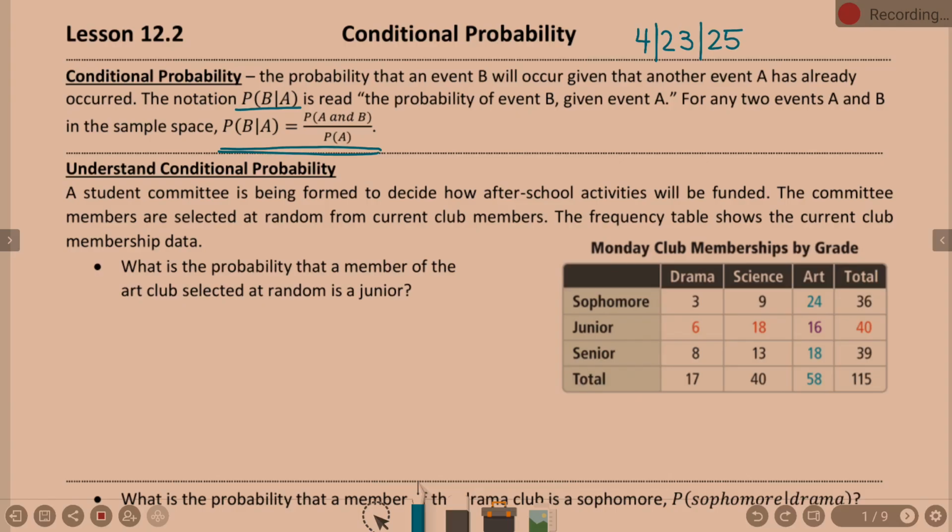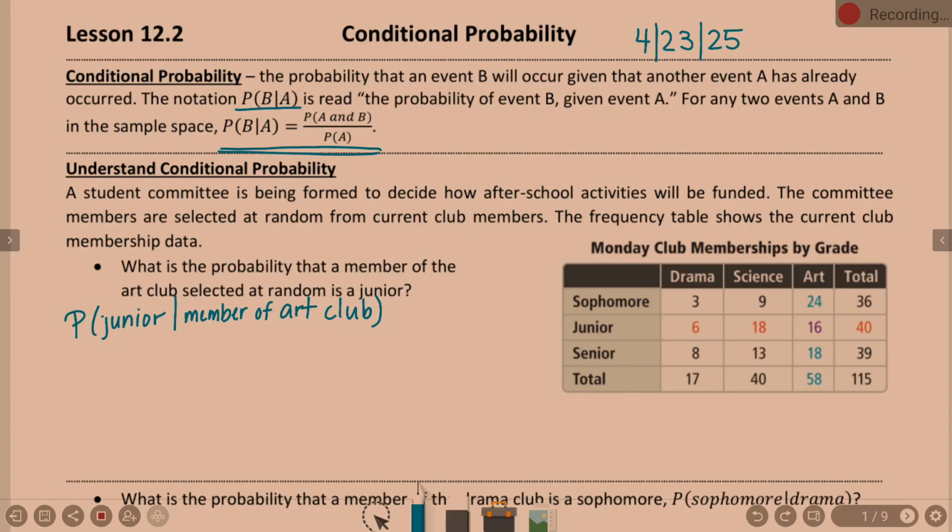If I write this out, we're doing the probability that the student is a junior given they are a member of art club. They put it in words for us, but when we put it as a setup, that's what we're looking at.